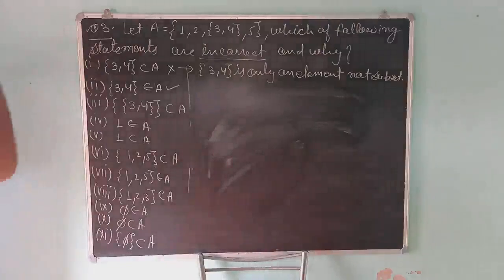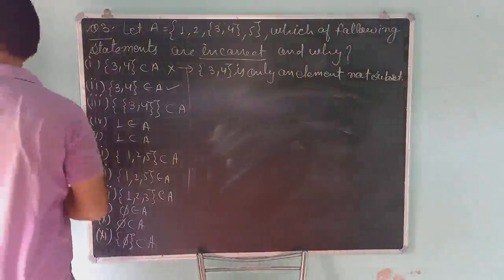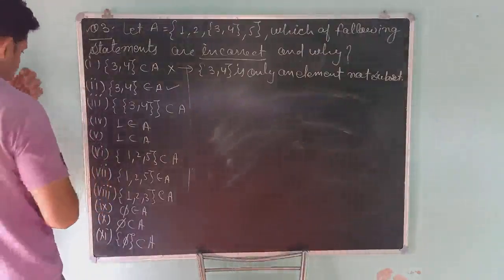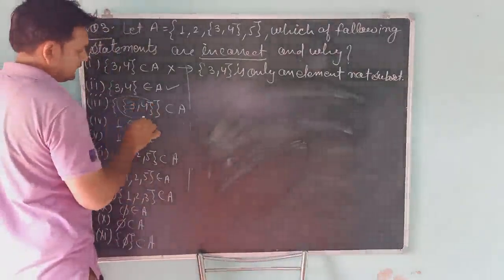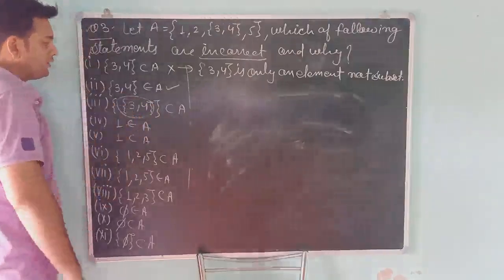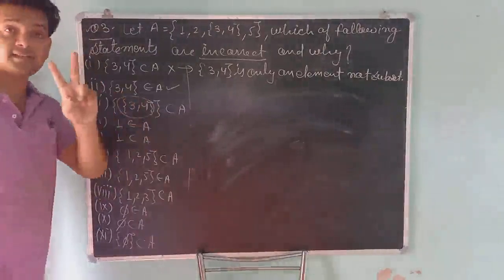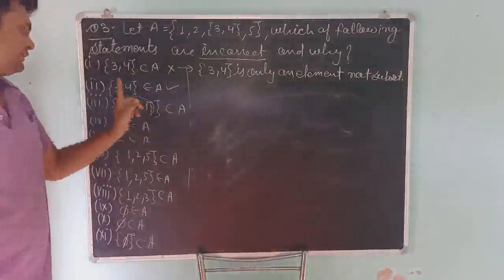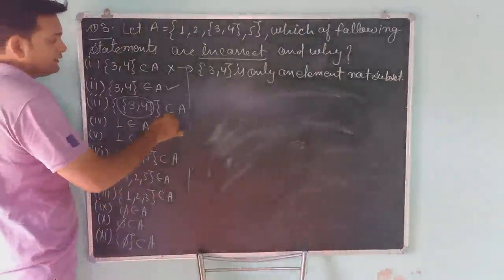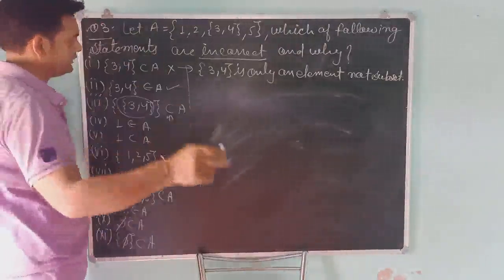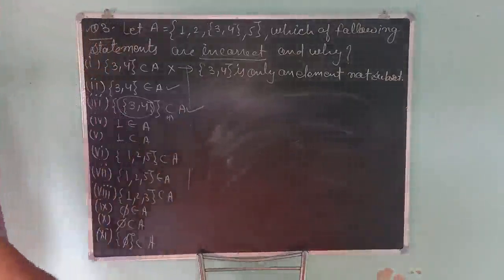Okay students. According to the third question, we have {3, 4} with bracket. This is an element, and outside of this element we have 2 extra brackets. So this is a subset, and here the symbol is also of subset. So this statement is also correct.